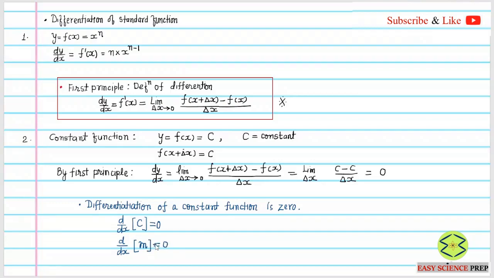Constant means it does not depend on x. x is a variable, so a function which does not depend on x is a constant here. Anything you can write, a, b, c, anything which is constant, its derivative is going to be 0. So this was the second function.